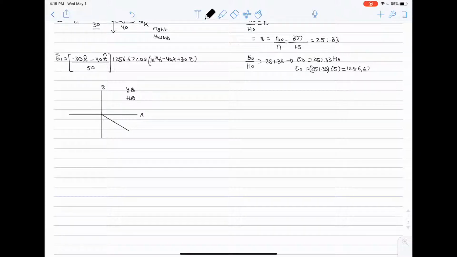We have our K vector here, E1 here. And since the wave is right-hand circular polarization, we use our right hand. And same thing as before, our K is our right thumb, and our finger straight out of our right hand is going to be our E1.